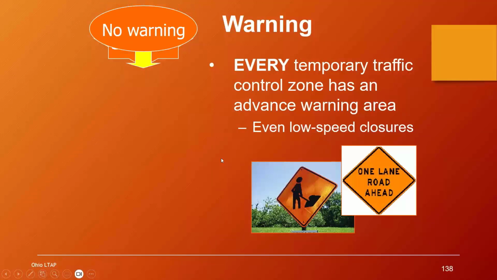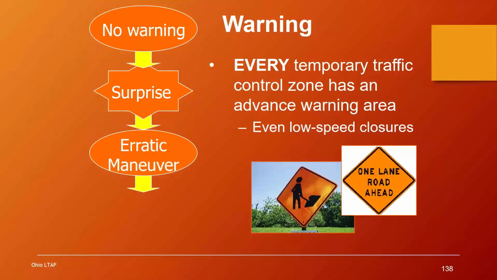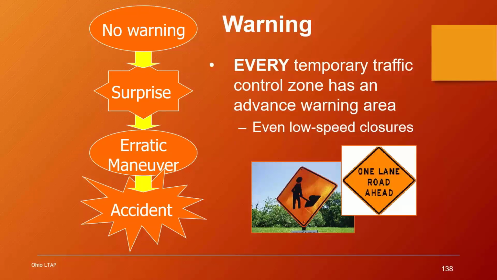If we don't provide the necessary advance warning, then we run the risk of surprising the motorists, which we never want to do. And if they're surprised at our lane closure, then they might be slamming on the brakes and turning their steering wheel in some maneuver trying to avoid a crash, and then they crash.